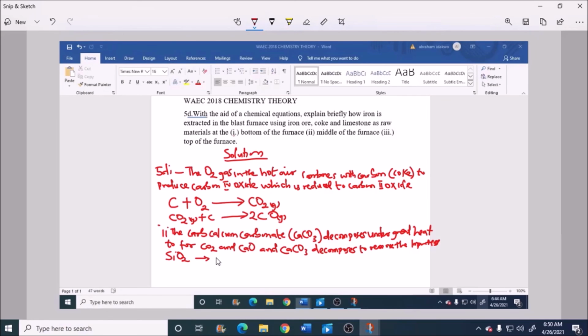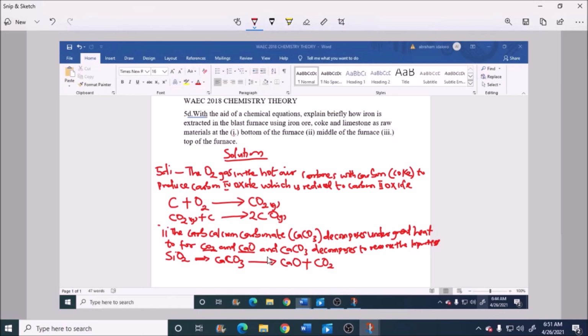Then we have the equation to be, the calcium carbonate giving CaO, that is calcium oxide, as mentioned here. Then we have CO2 produced, so we mentioned that here as well.